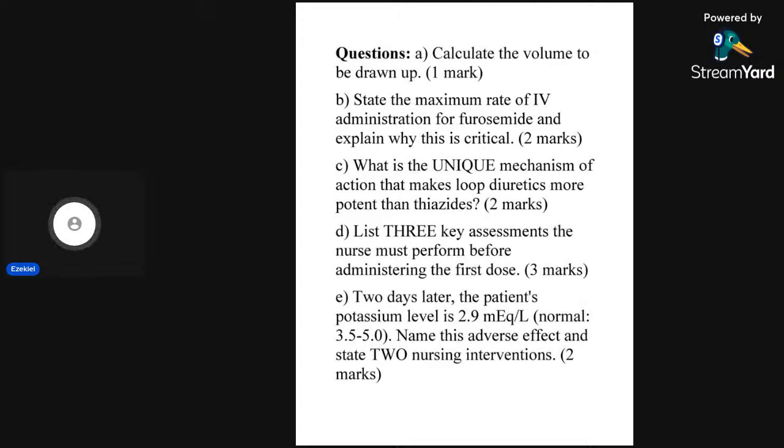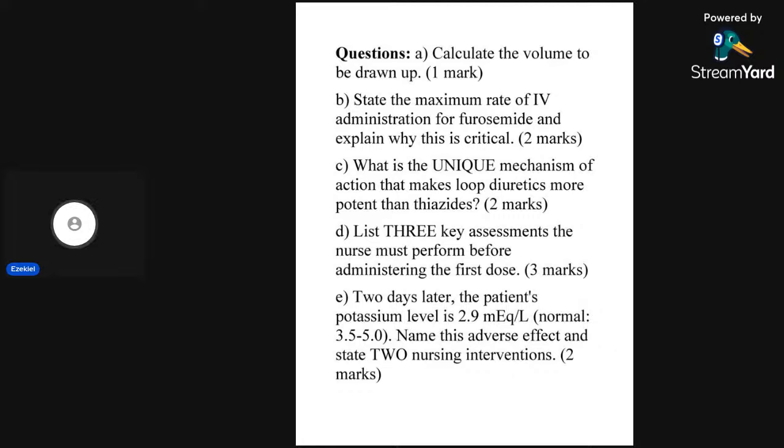So what is the unique mechanism of action that makes loops more potent than thiazide? Loop diuretics block the loop of Henle. I mentioned it. This is where the majority of the sodium reabsorption takes place. You understand?